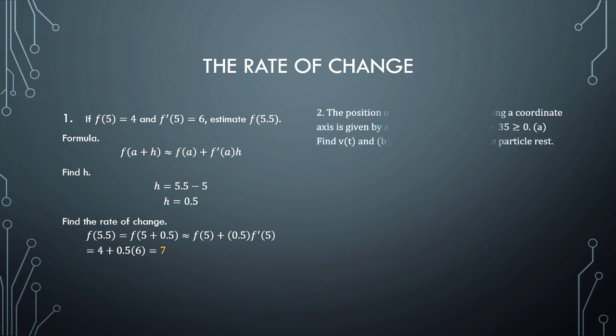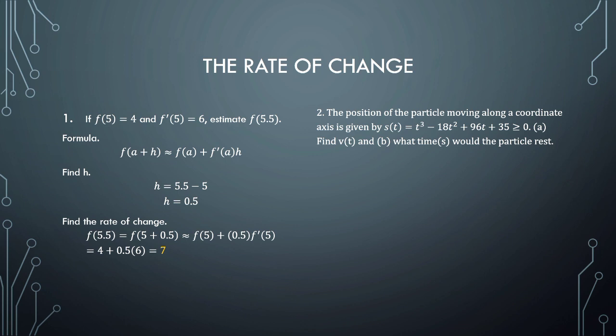For the second example, the position of a particle moving along a coordinate axis is given by s of t equals t cubed minus 18t squared plus 96t plus 35, where t is greater than or equal to 0. First, find v of t, and second, at what time would the particle be at rest.